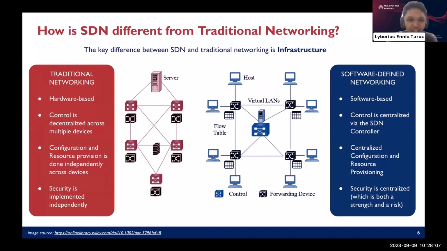I use the term dumb forwarders because the configurations are no longer being done on the device anymore, at least not manually. You now depend on the SDN controller to do all of the configurations, and it is now up to the SDN controller to propagate those configurations across all of the forwarders in the form of flow tables. Later on, I'll be discussing this in detail.